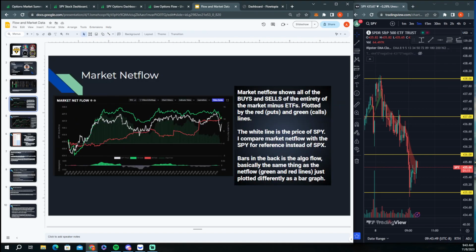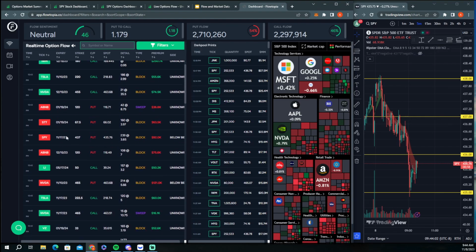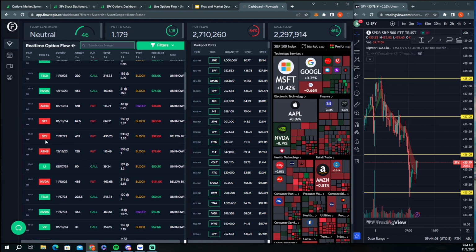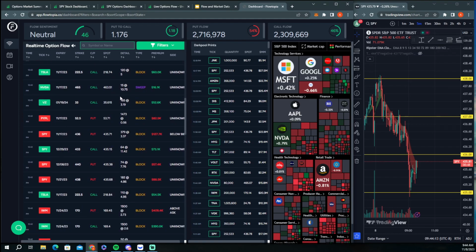So how I mitigate the risk of just using these flow factors is I use something called market net flow. What market net flow is, it's basically a compilation of all of these orders that you see on the live order flow. You see all these calls: Tesla, Nvidia, Airbnb, SPY puts, more Airbnb, Nvidia, PayPal, all of these compiled.